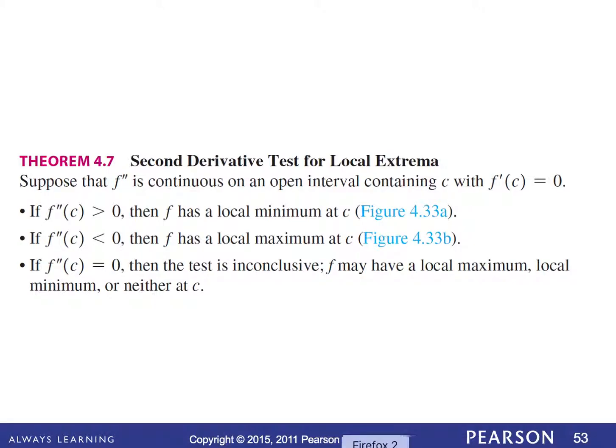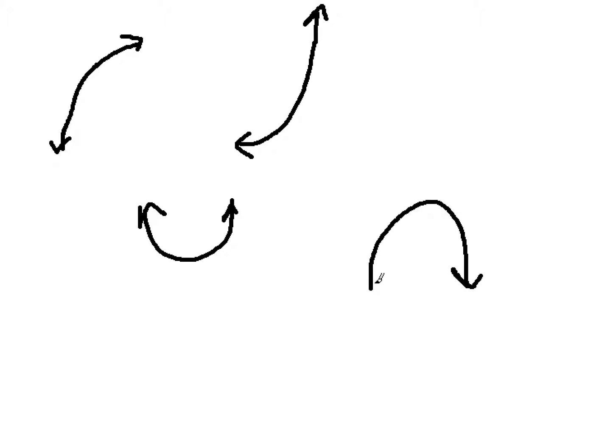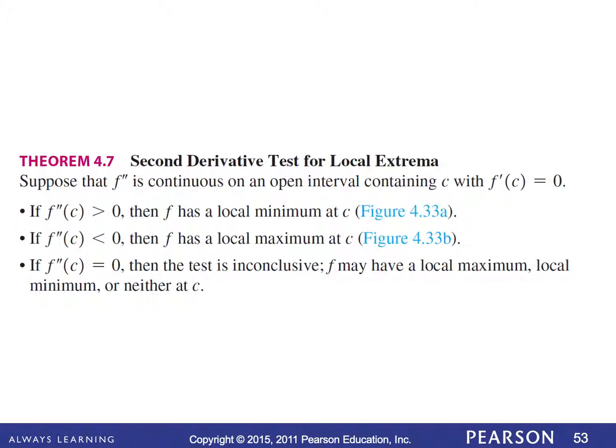When I say empty cup, let me show you what that means. That means this. So I can take the second derivative, skip plugging into the first derivative completely, and just plug straight into the second derivative to see what kind of max or min I have. If I plug it in the second derivative and it's negative, then it's going to be a maximum.